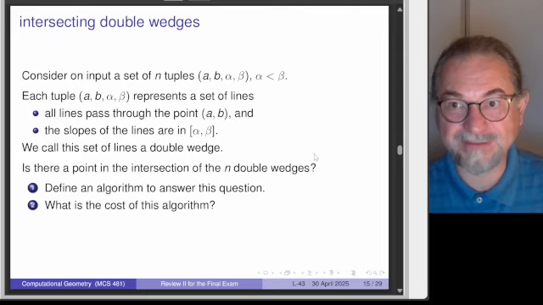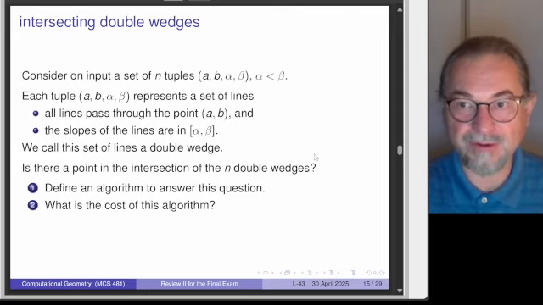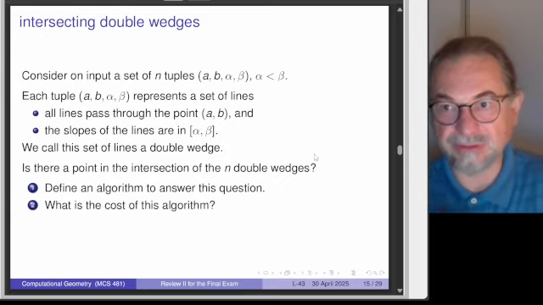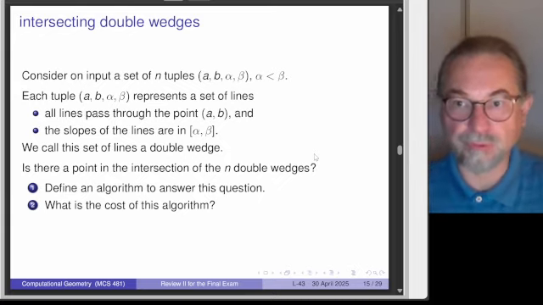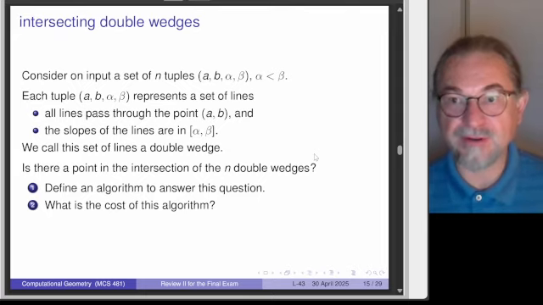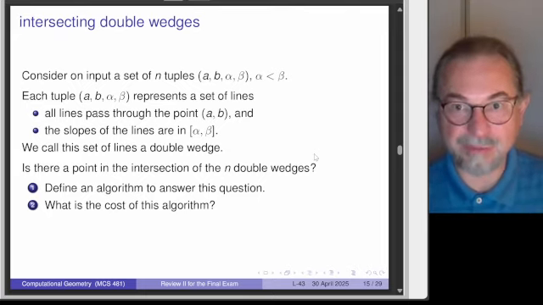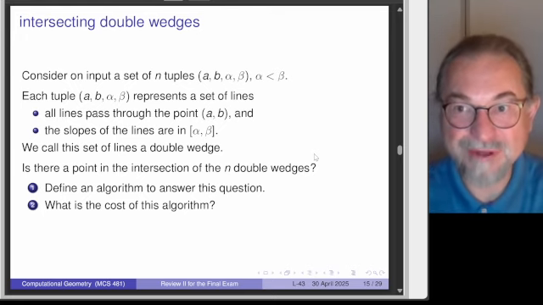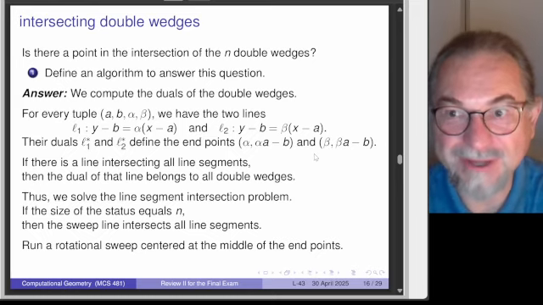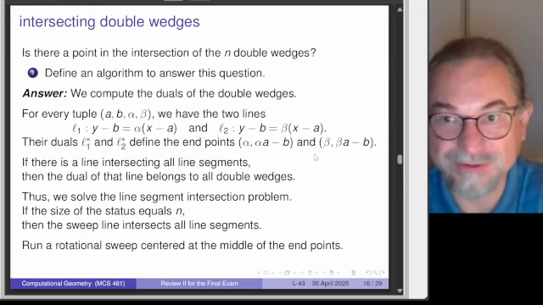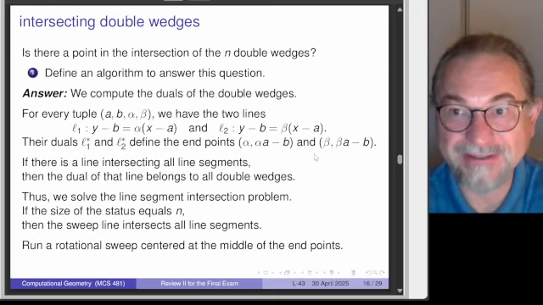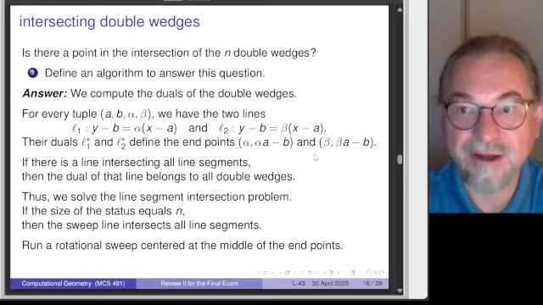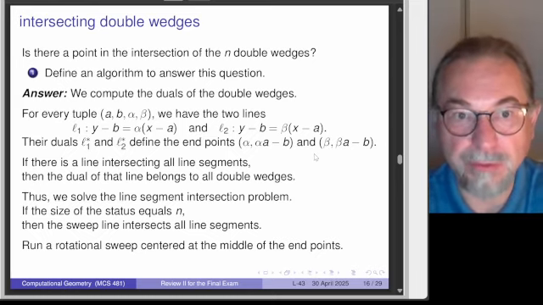Well, we've seen that the dual of a line segment is a double wedge. The dual of the dual is again the original. So if we dualize this problem, we have a set of line segments. And since this is the second review, we can solve this, because it was something that we studied in the second chapter. So we have a good algorithm to solve this problem.